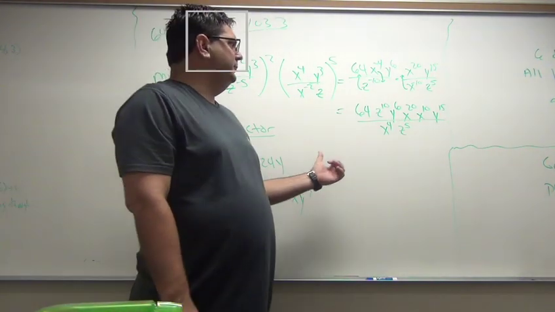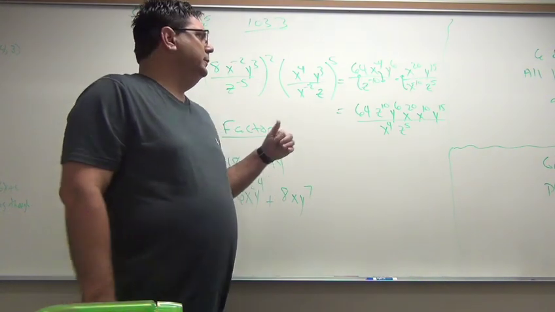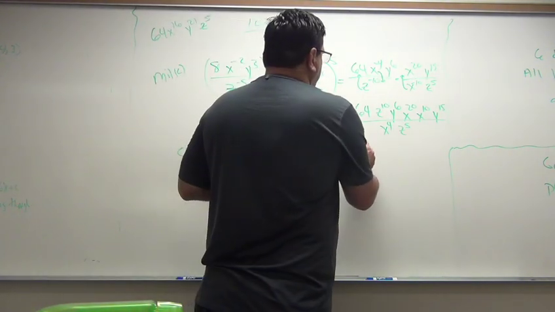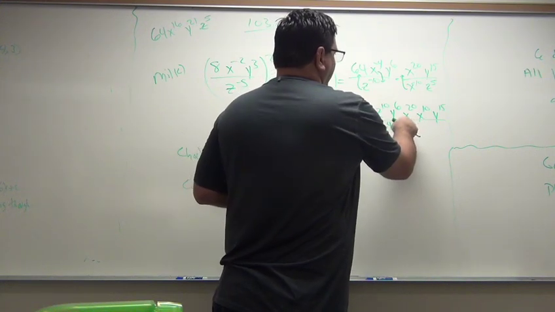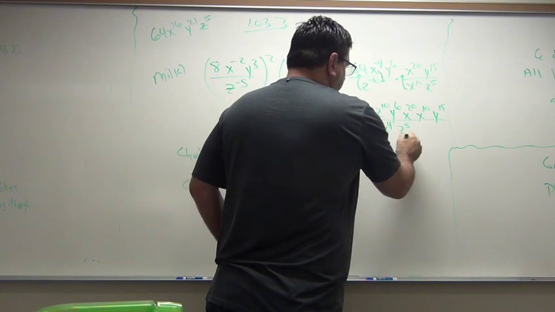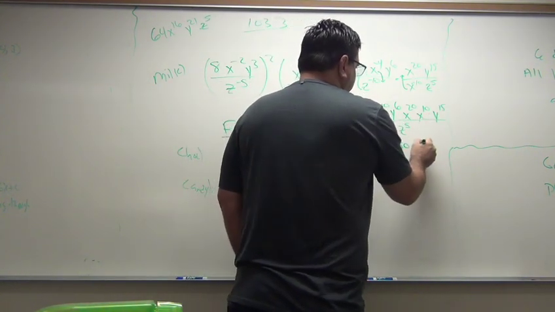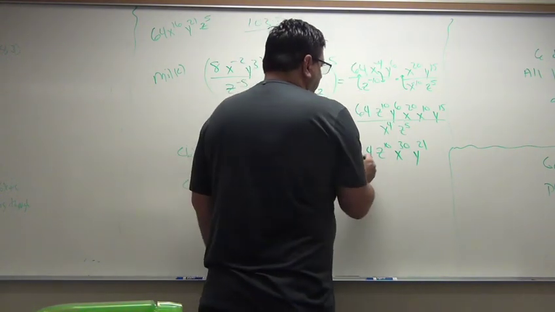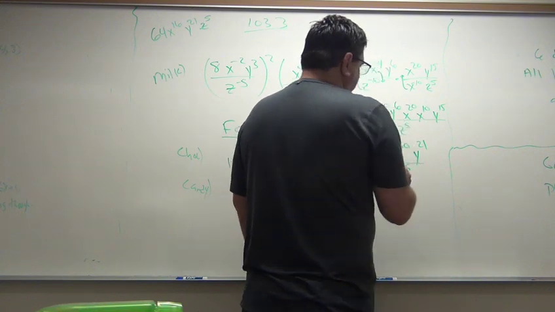Now, once we do that, if they're side by side, we add them together. So we got 64, z to the 10th, x to the 20th, x to the 10th is x to the 30th, y to the 6th, y to the 15th is y to the 21st, over x to the 4th and z to the 5th.